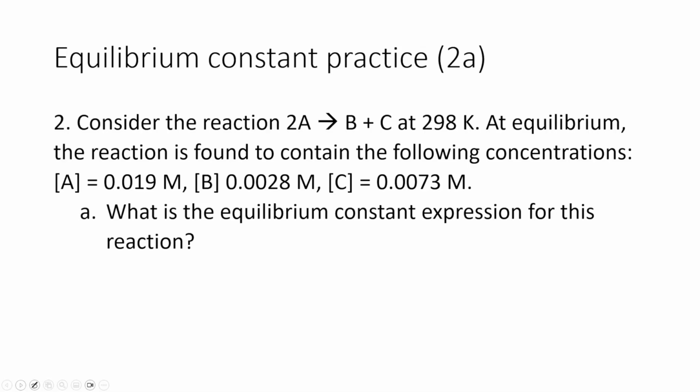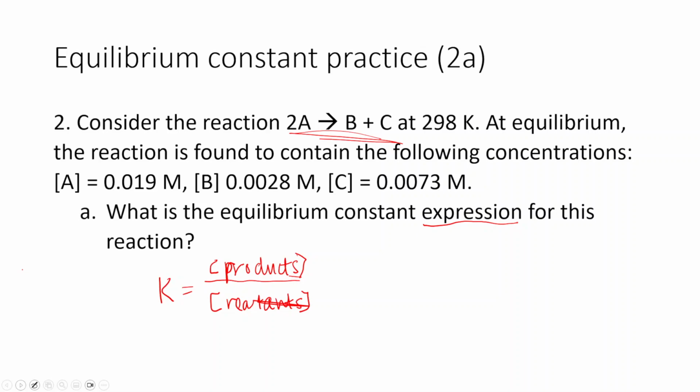So equilibrium constant is K. When I ask you for the expression, I'm asking you to tell me not with numbers, but with letters, using the information from the equation. Yeah, exactly. So K, just to review, is the concentration of products divided by the concentration of reactants.